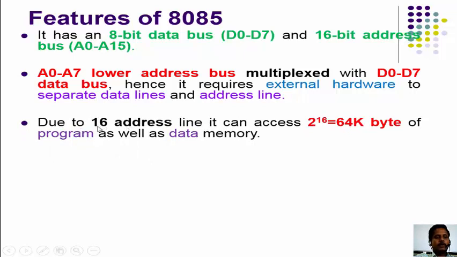Due to the 16 address lines, if we put 16 in the formula 2 raised to the number of lines, that is 2 raised to 16, we get 64 kilobyte of program as well as data memory. So 64 kilobyte of memory means RAM, ROM kind of memory devices can be interfaced to the 8085 microprocessor.